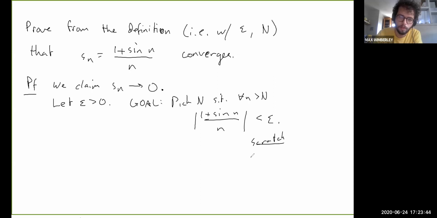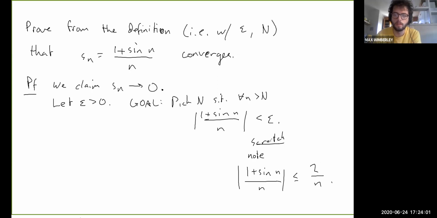We'll say, the absolute value of 1 plus sine of n over n is less than or equal to 2 over n, right? So here's the key. You want to make sure you're moving in the right direction. The really common error is to accidentally make this expression smaller.